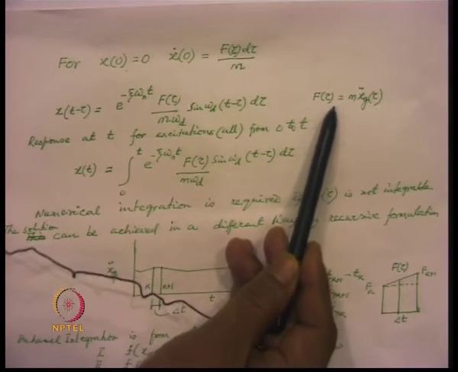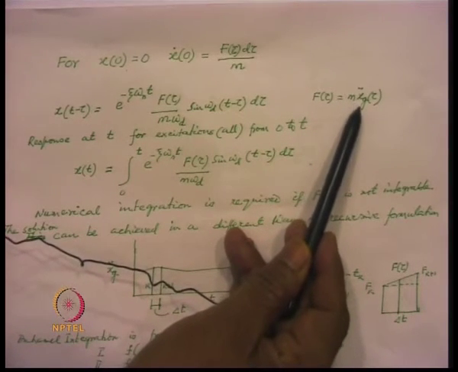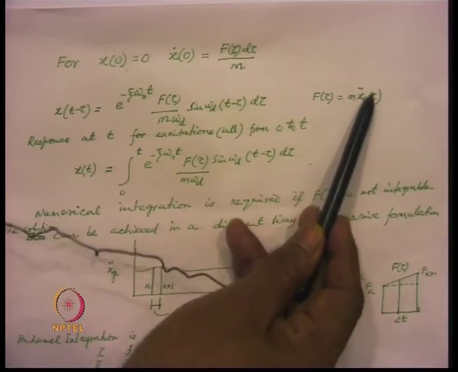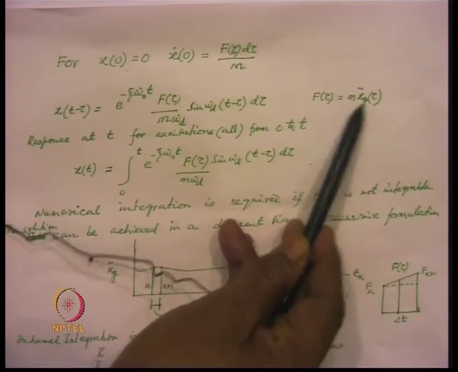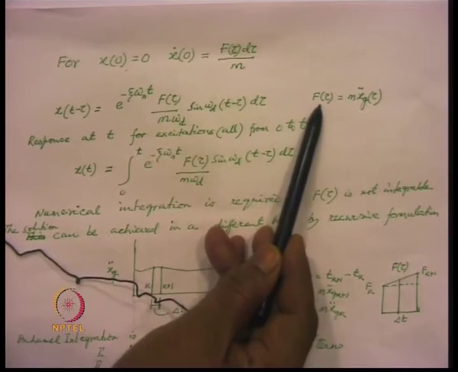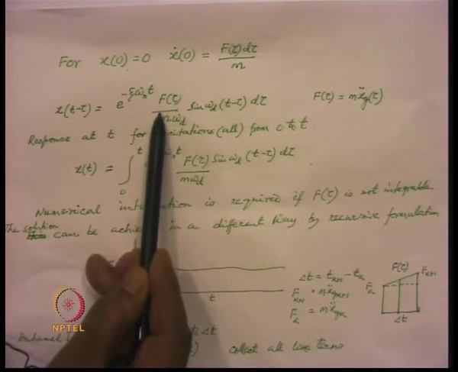That is, m into x double dot g tau is the impulse force provided at 0 time.